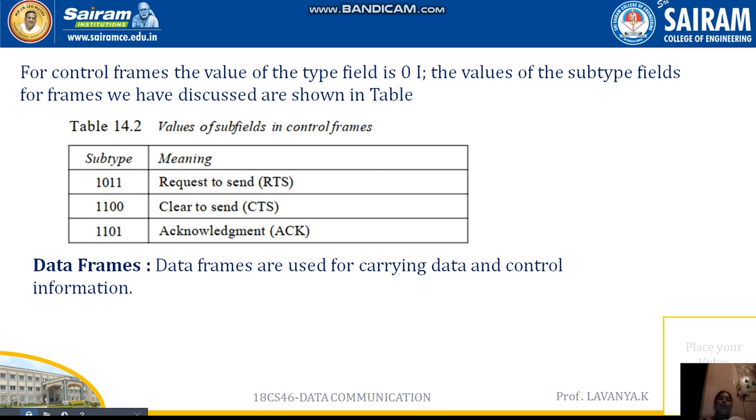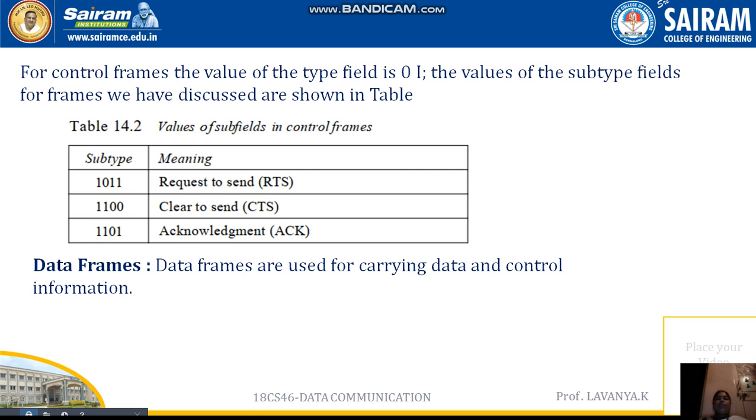So this is our subtype, and this is what the subtype field does. Then for our control frames, the value of the type field, if it is 0 and 1, based on the binary value it is going to access the information. Then what are data frames?